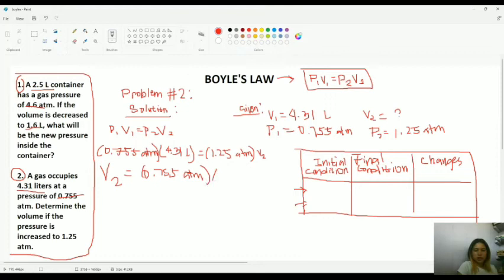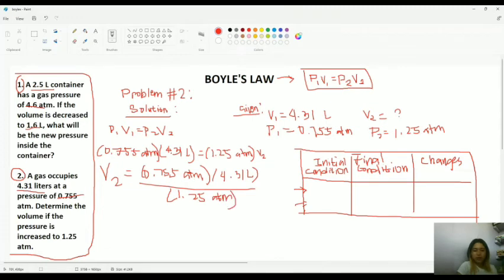So, lagi mo ilalagay sa ilalim yung walang katulad na units. 4.31 liters over 1.25 atmosphere para ma-cancel out yung same unit.